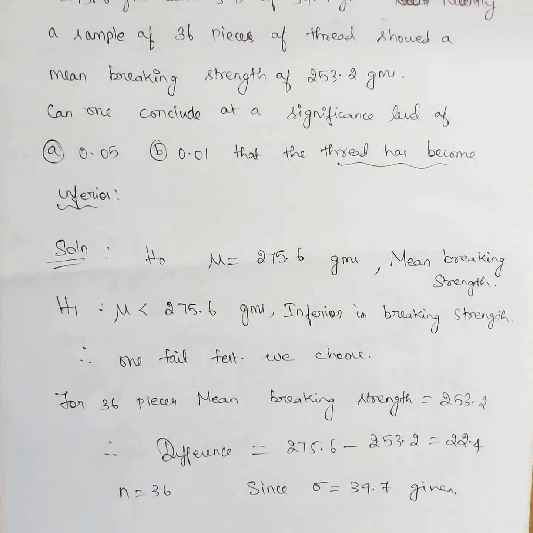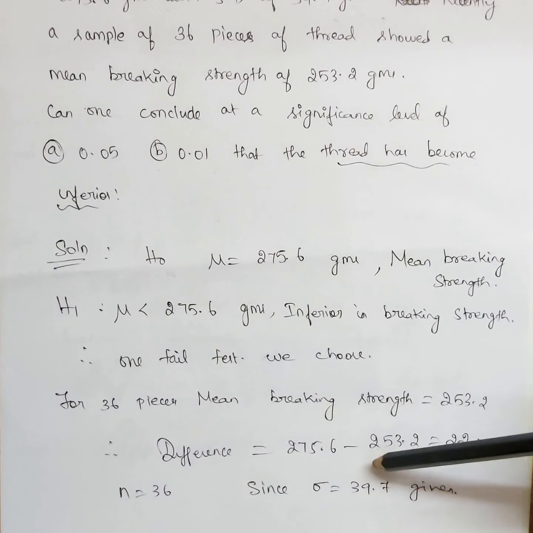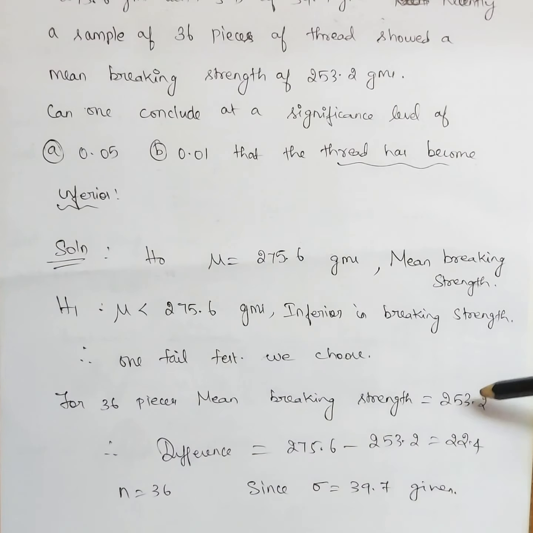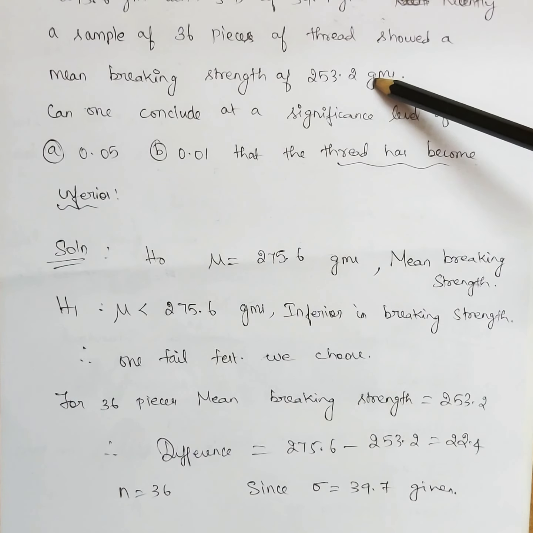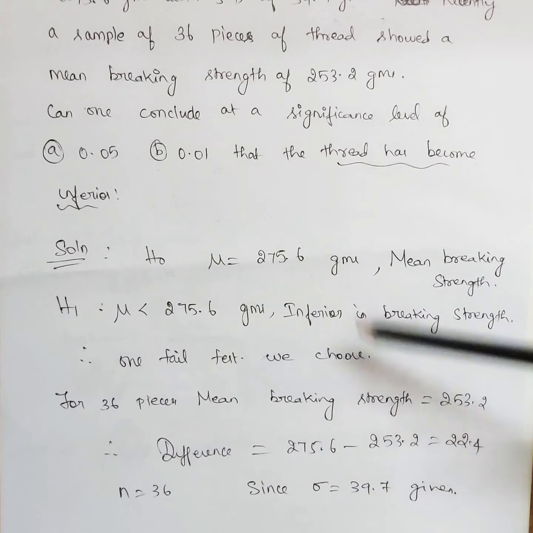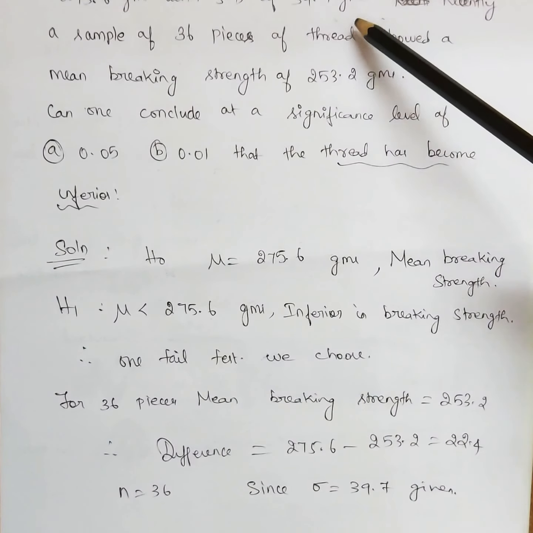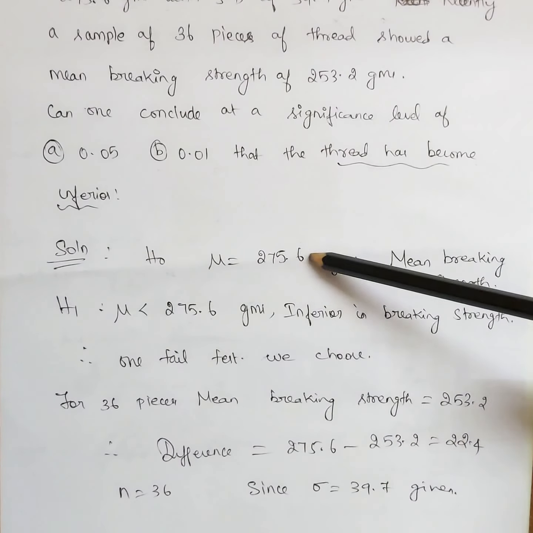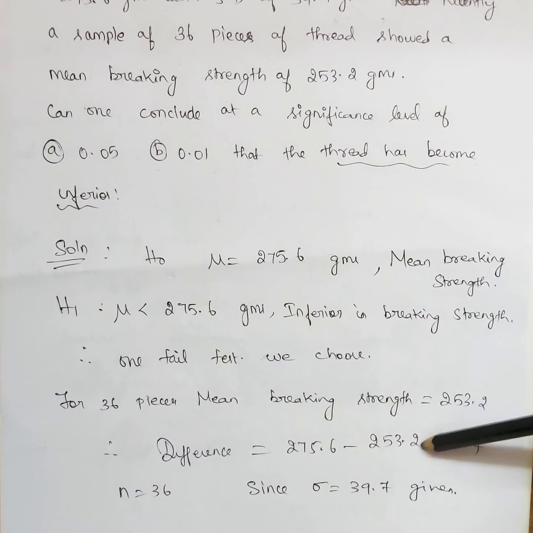So once we have decided to do one tail test, what we will write first, we will find the difference, correct? So for 36 pieces, the mean breaking strength is, they have given 253.2. Therefore, we are taking the difference between the given mean mu and this mean. So 275.6 minus 253.2. So we are getting this.